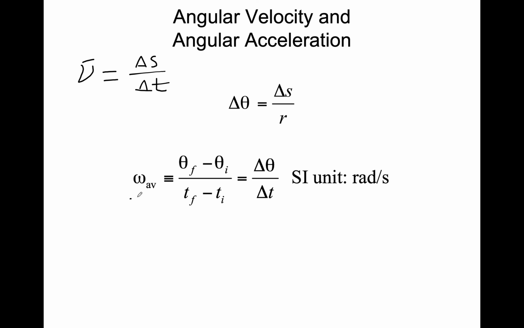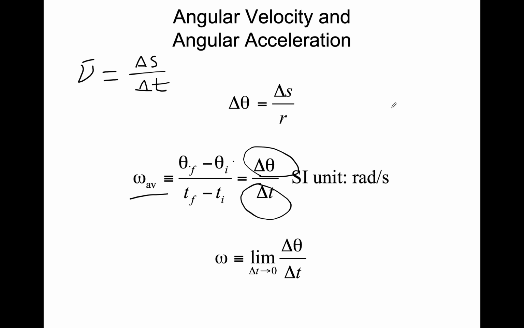The angular velocity is the angular displacement, final angular position minus initial angular position, divided by the time it takes for such displacement. If we take this delta t to be very, very small, we get instantaneous angular velocity.